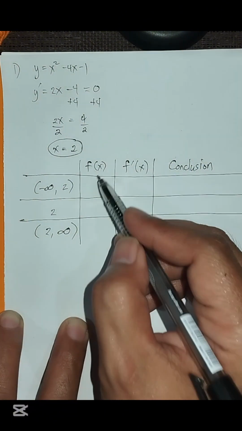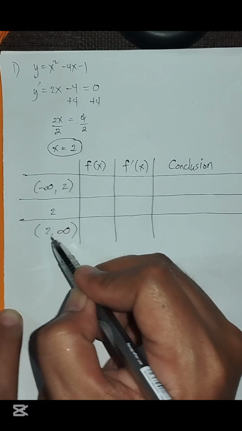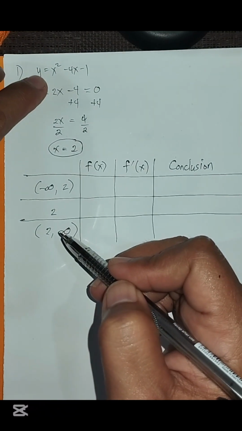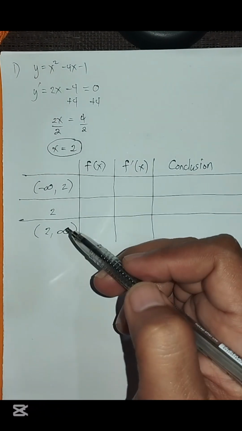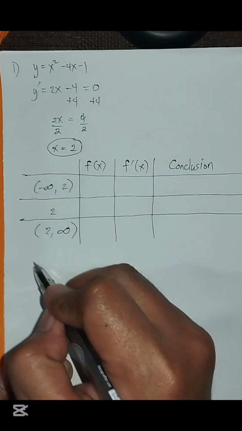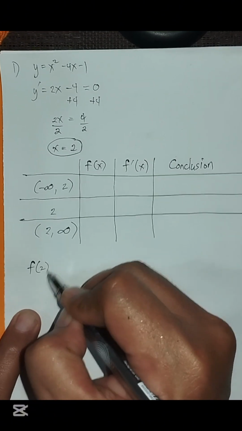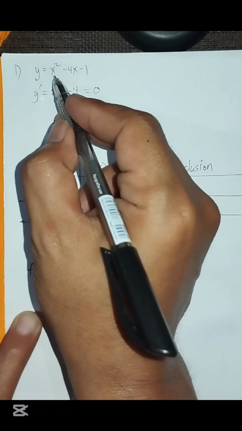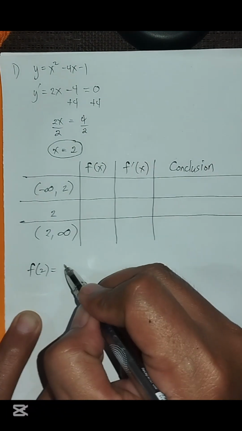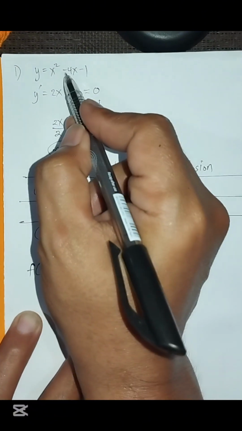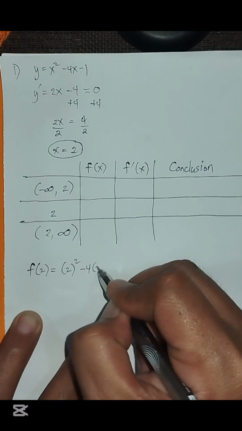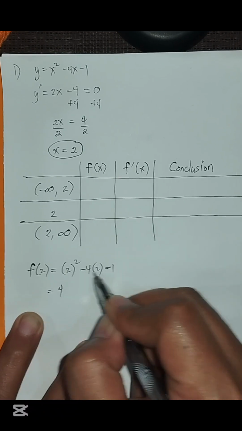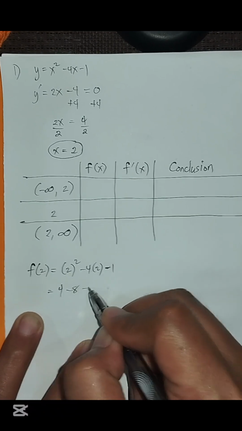Let's solve first the f of 2. We substitute 2 in our given equation y equals x squared minus 4x minus 1. So we have 2 squared minus 4 times 2 minus 1. 2 squared is 4, negative 4 times 2 is negative 8, and then minus 1.